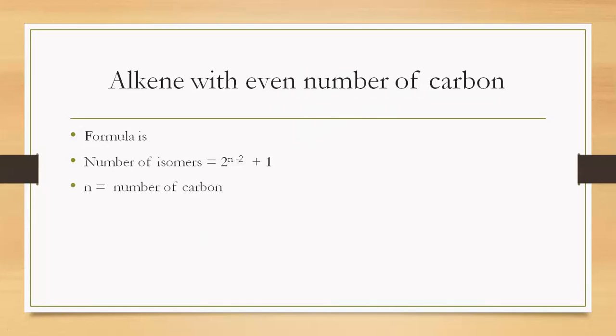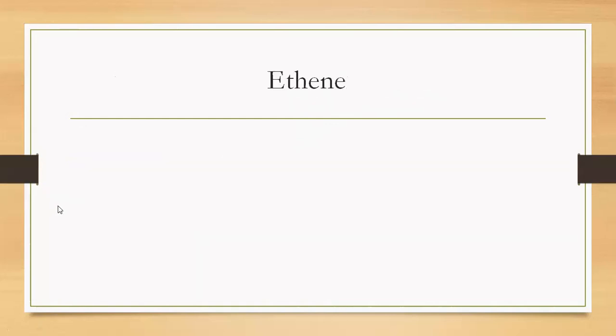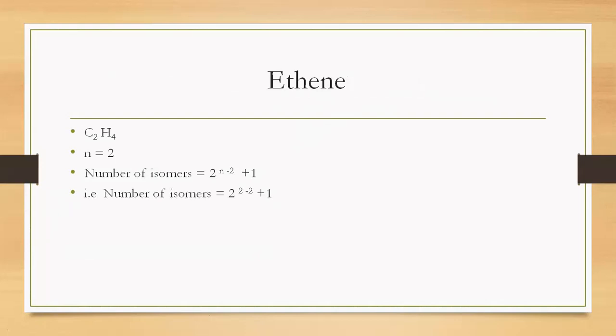N is the number of carbon, as in the previous formulas. Now ethene, C2H4, n equal to 2. So 2 to the power n minus 2 plus 1 is 2 to the power 0 plus 1, which is 2. So according to the formula, ethene should have 2 isomers.